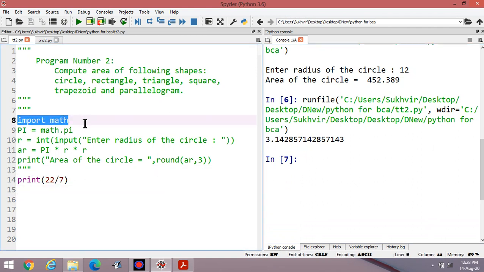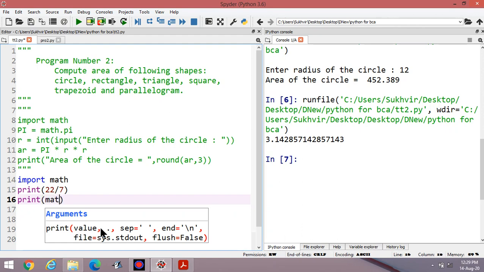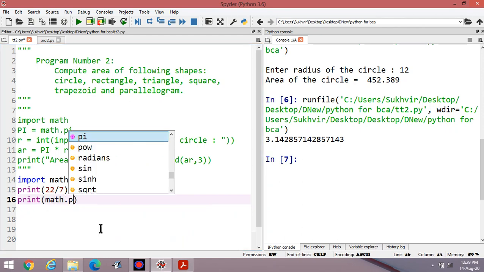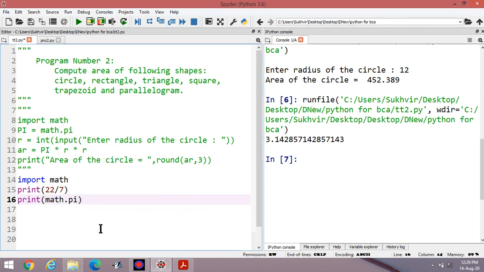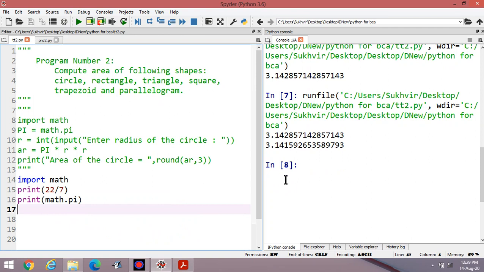But if I am writing math dot pi, now execute the program, look at the difference.